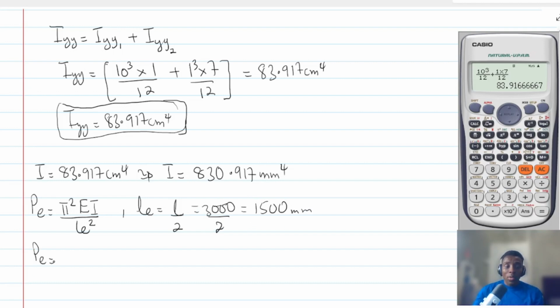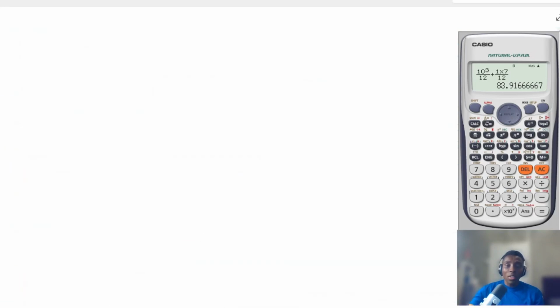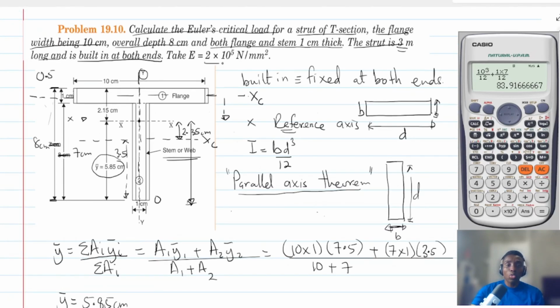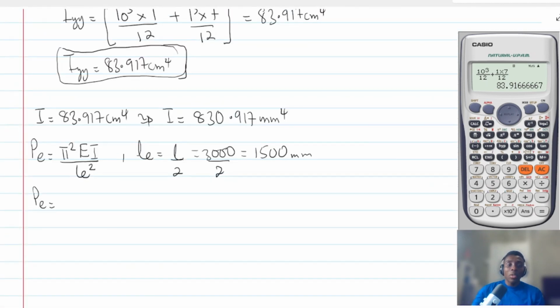So the Euler load, and then we were given the value for the Young's modulus as 2 times 10 to the power 5. So pi squared times 2 times 10 to the power 5, the I is 83.917 divided by L, which is 1500 squared.